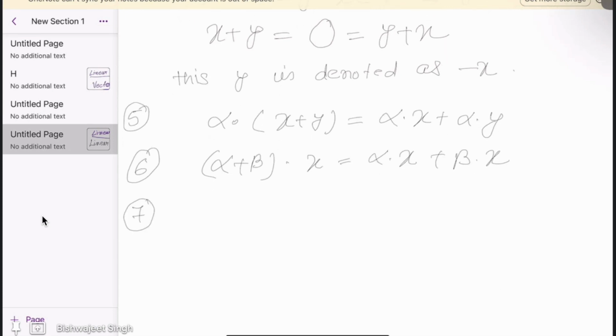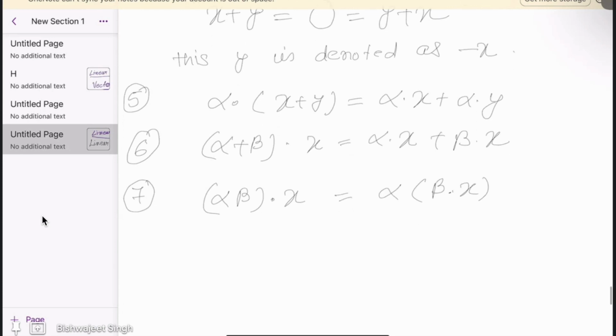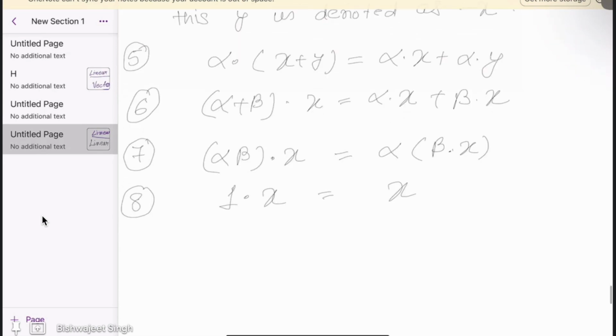Number 7 is alpha beta x, this should be equal to alpha times beta dot x. And number 8 is actually 1 dot x is equal to x. So this 1 is the identity with respect to the dot operation.